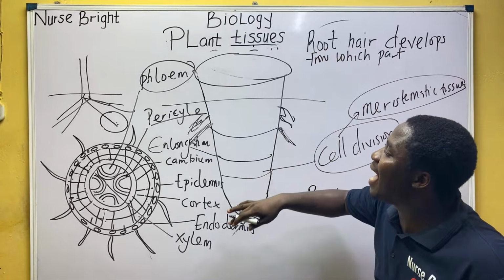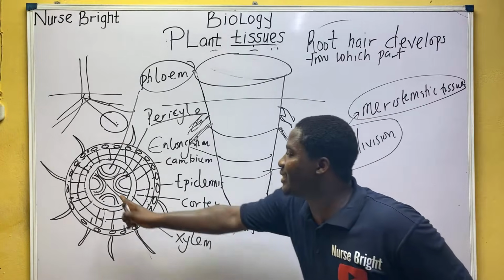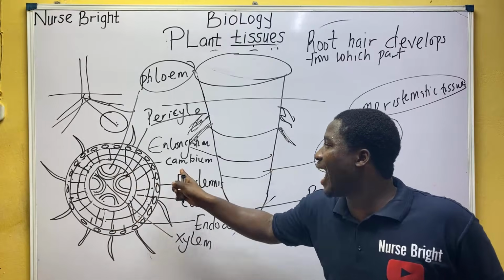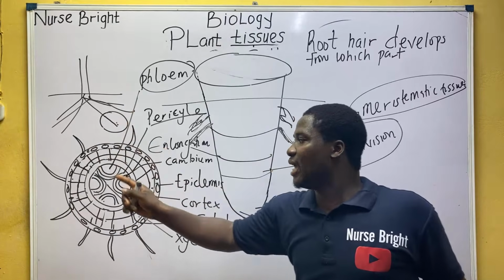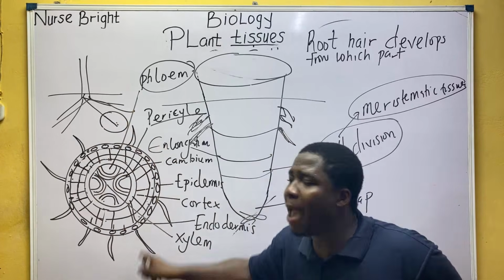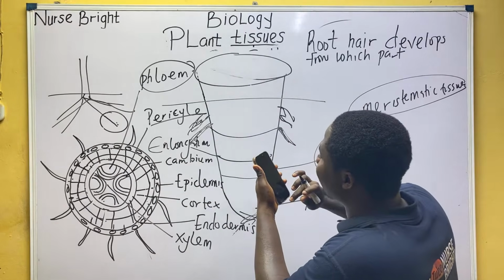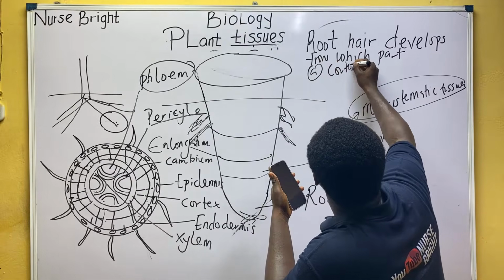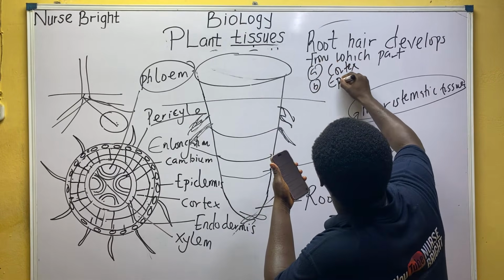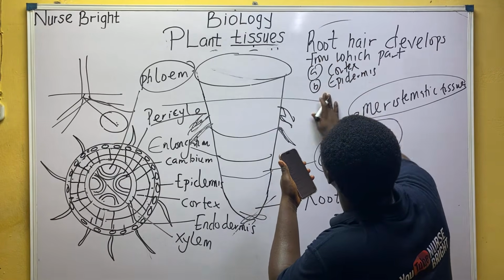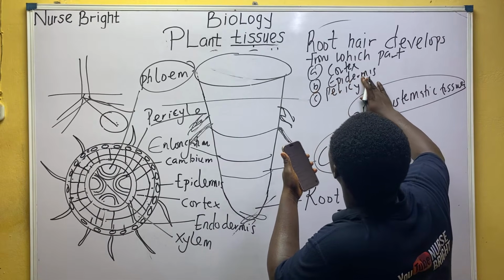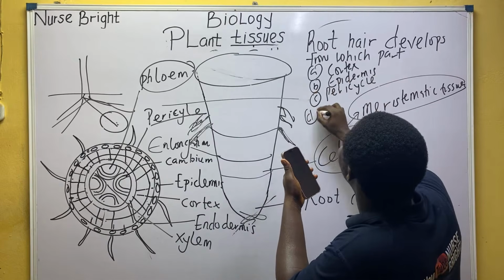Is it that root hair develops from the xylem, the phloem, the pericycle, the cambium, the endodermis, the cortex, or the epidermis? Class, these are the options JAMB gave. A is cortex, B is epidermis, C is pericycle, and D is xylem.